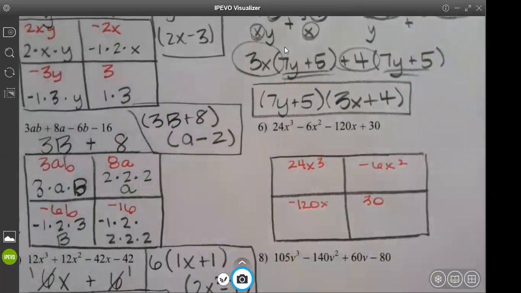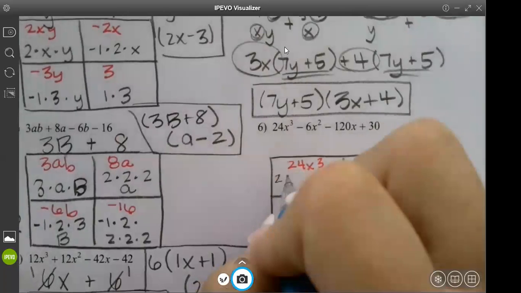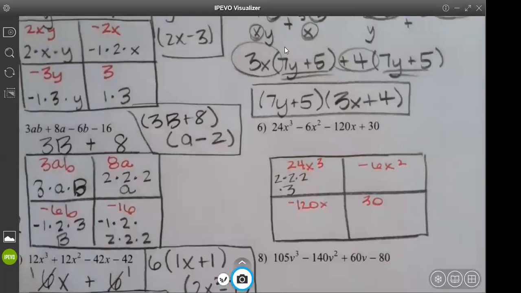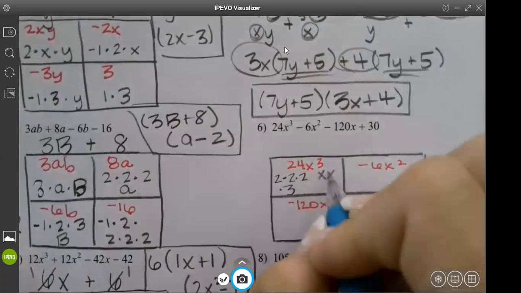Factors of 24 are 8 and 3. 8 is 2 times 2 times 2, and 3, and then 3 x's.